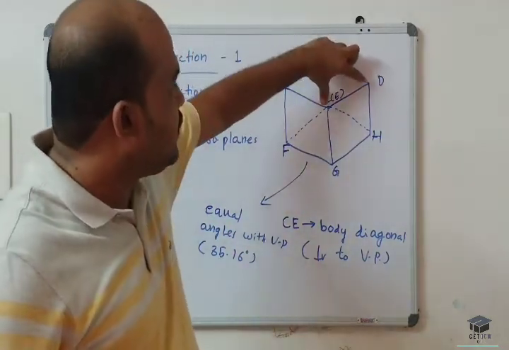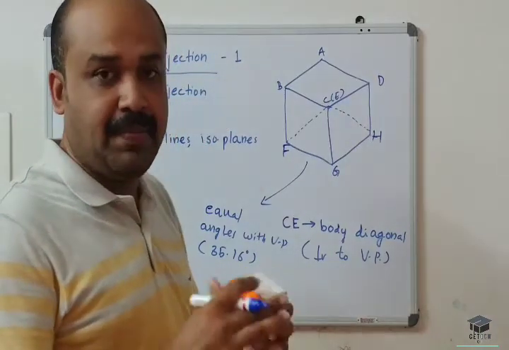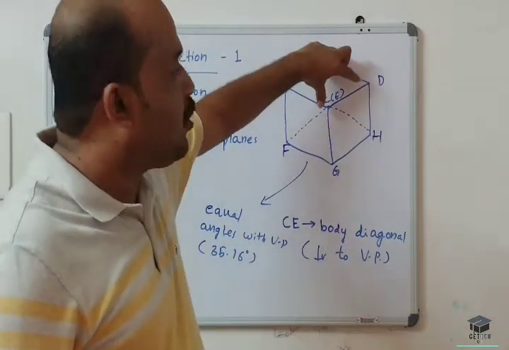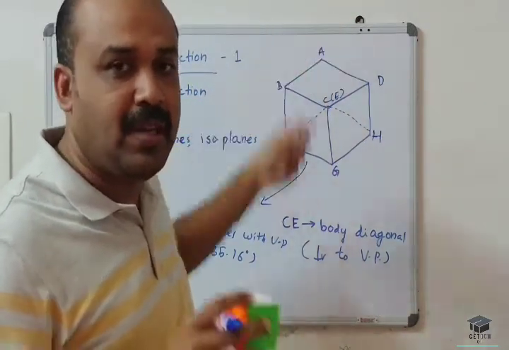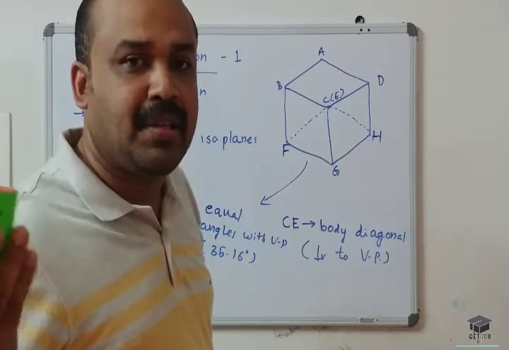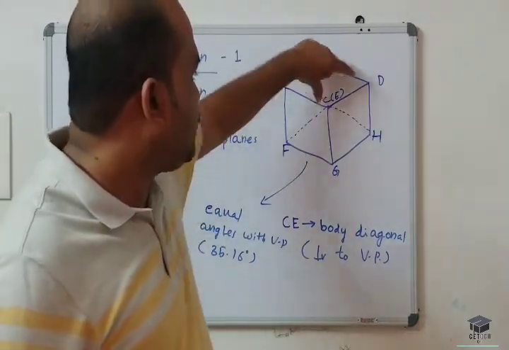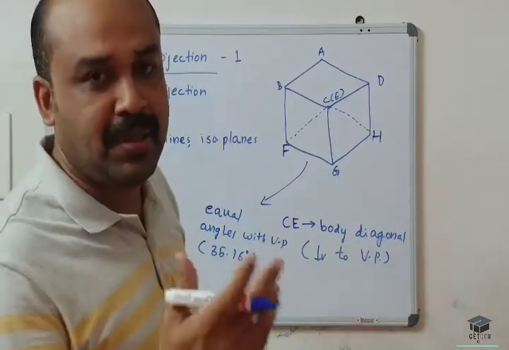So this CD is less than the actual CD, because it is not parallel to VP, it is inclined to VP. If a line is inclined to VP, its front view will have a length less than the actual length. How much will that reduction be?